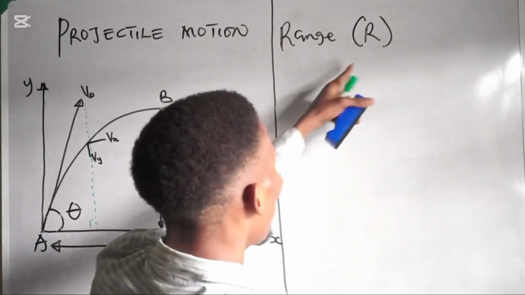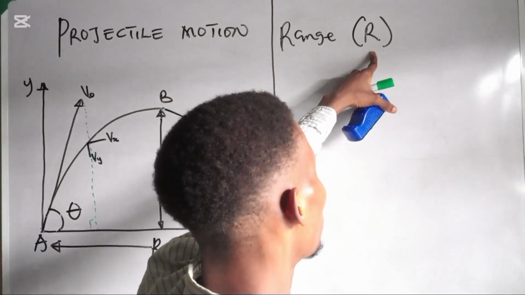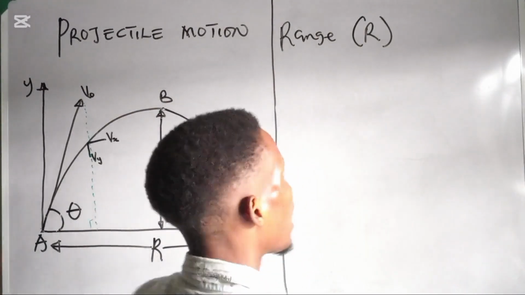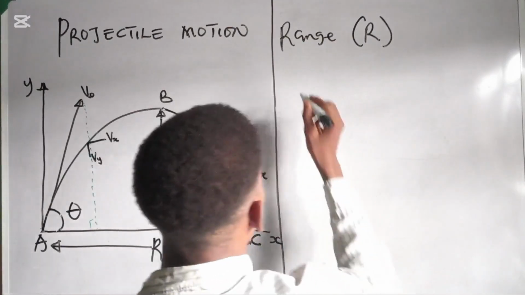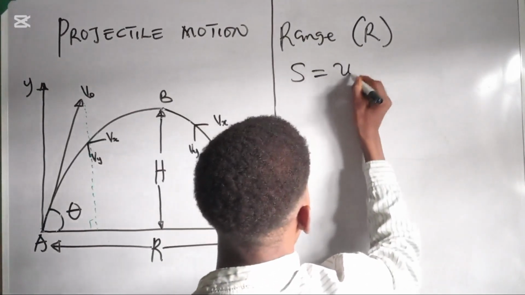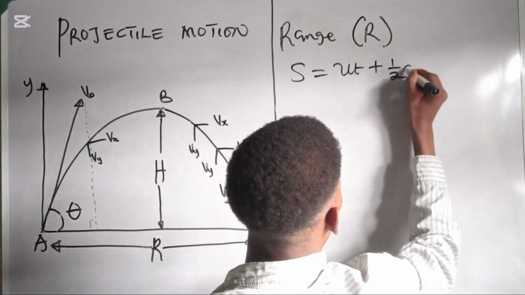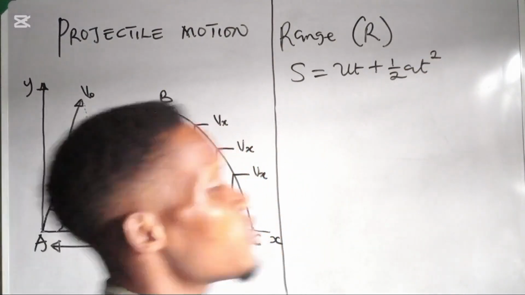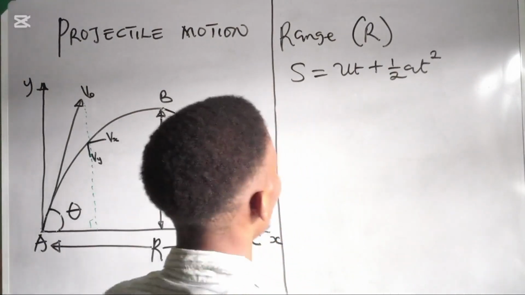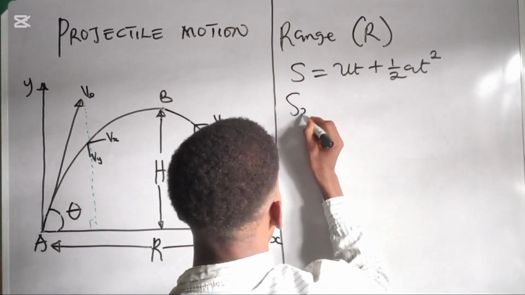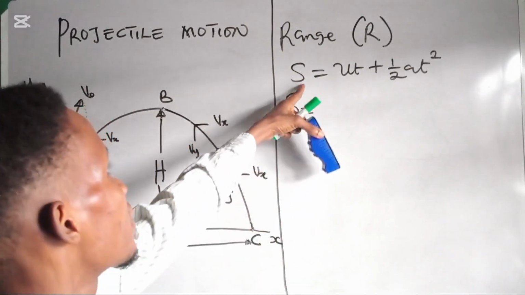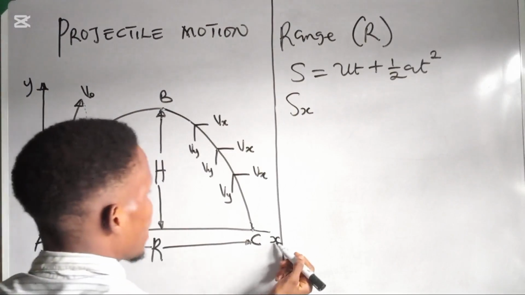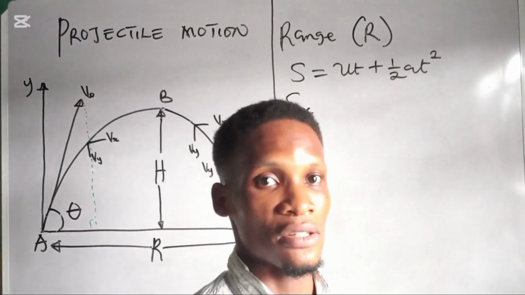And to get the formula to solve this range, we need an equation of motion which says S equals ut plus half at squared. This is the equation of motion we're going to make use of. Based on the projection, we can transform this equation to be Sx. Why? Because this S, which is the distance, is based on the horizontal distance, which represents the x axis or x component.